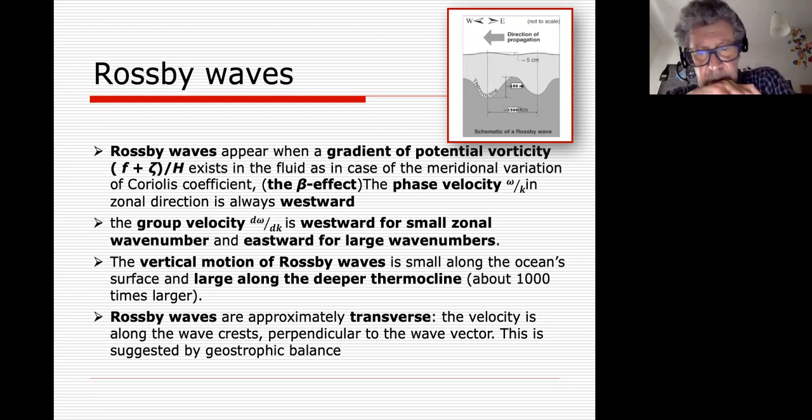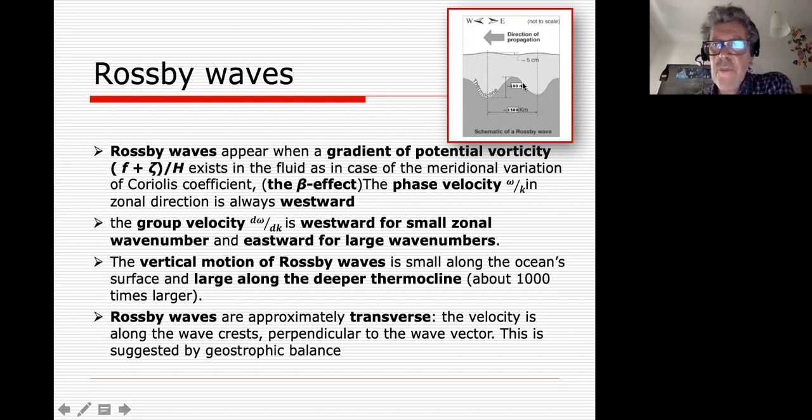Again, the Rossby waves are baroclinic. The oscillation is small along the ocean surface, and large along the steeper thermocline. And you see here there is a cartoon. It's not to scale, but just to give an idea. The oscillation at the surface is small, in the thermocline much larger, of order 100 meters, and the wavelength is very, very large.